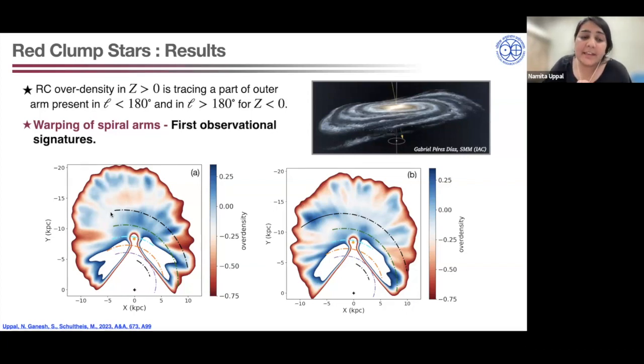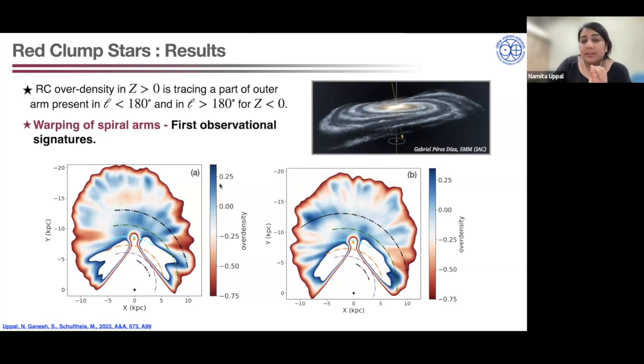And here we can see from this dash-dotted black line that a part of the outer spiral arm is coinciding with the overdensity in a small part of the galaxy, but the other part of the arm is traced in the other part of the galaxy.